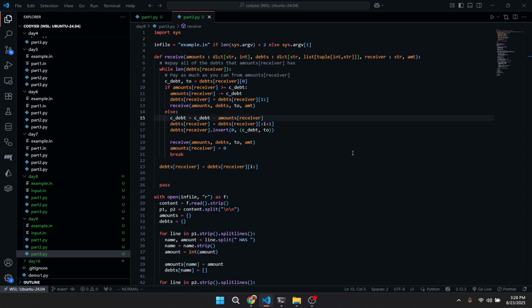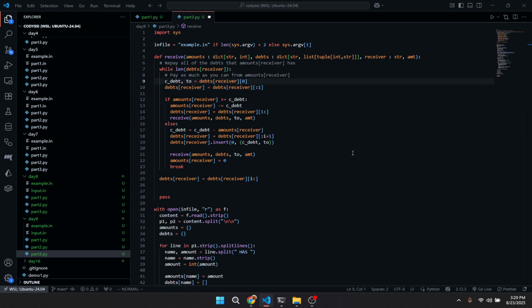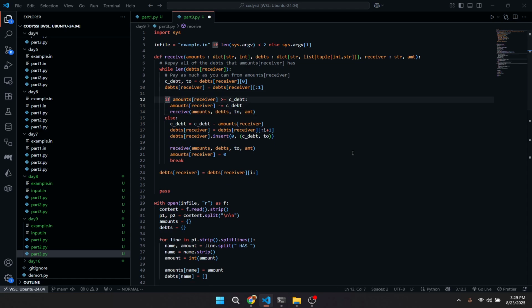Otherwise, if you can't pay everything, just make sure you can pay first. So take the current debt, right, and then process it. So you mutate this. Processing it means essentially just first remove as much as you can. If you can pay this whole debt, just pay the whole debt and then make sure you receive on the other way.